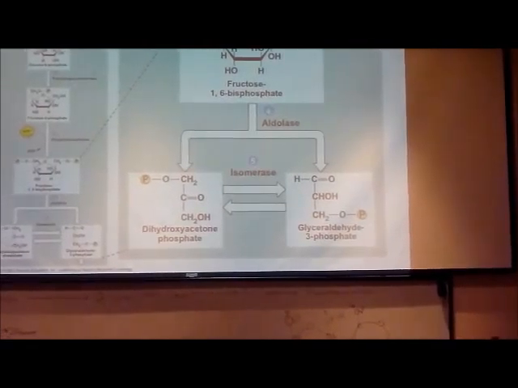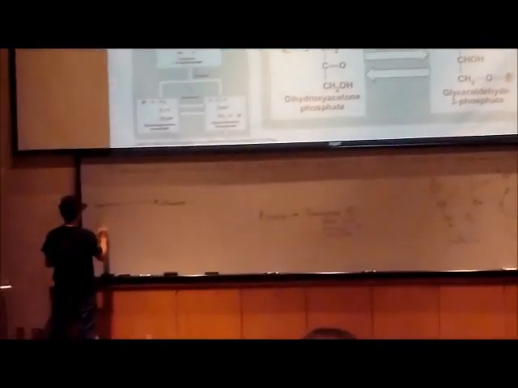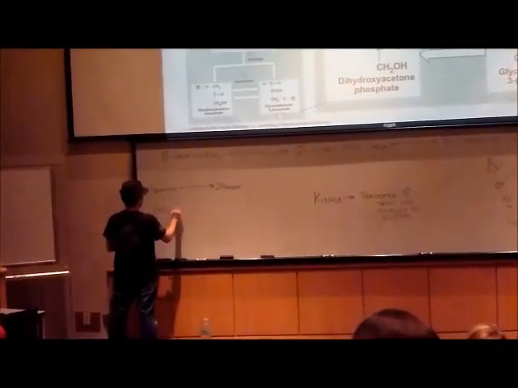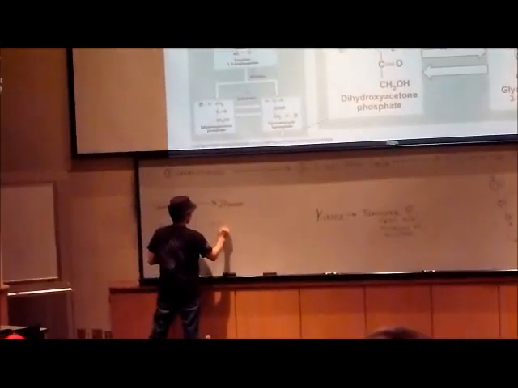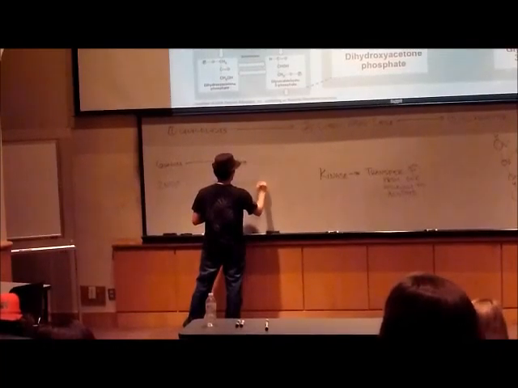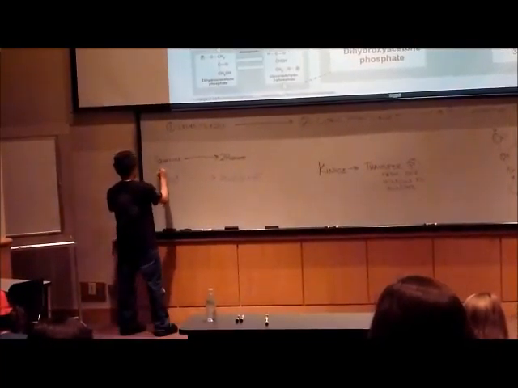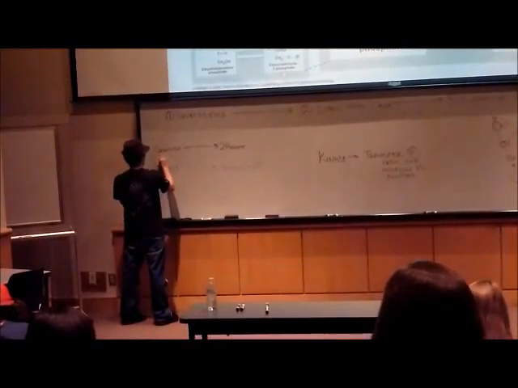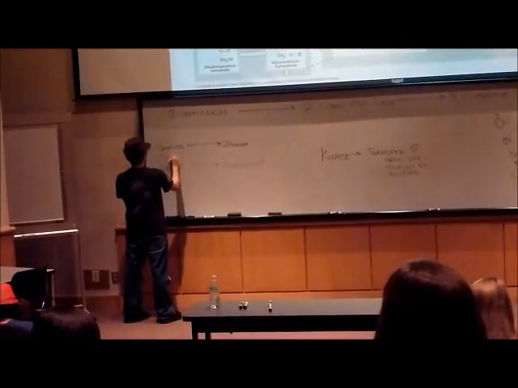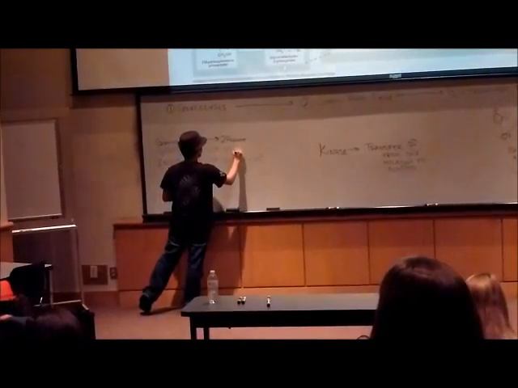Also remember, during glycolysis, we're producing 2 NADHs plus 2 protons. We're also producing, technically, 4 ATPs.